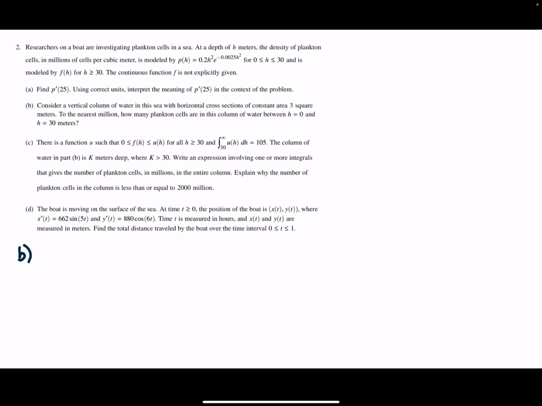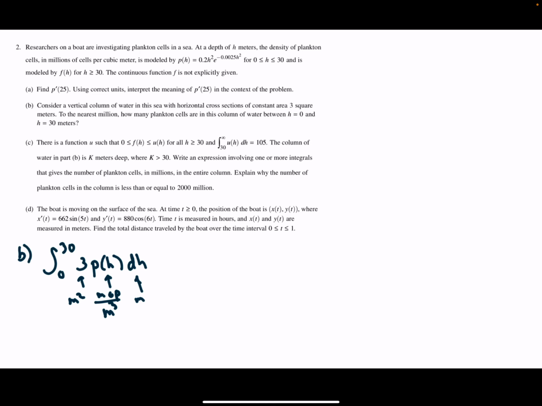I'm sorry, guys. So the amount of plankton from 0 to 30 is the integral from part B of 3 times P of H dH. And just as a little reminder, this was in square meters. This is in millions of plankton per cubic meter. And then my H at the end was in meters.